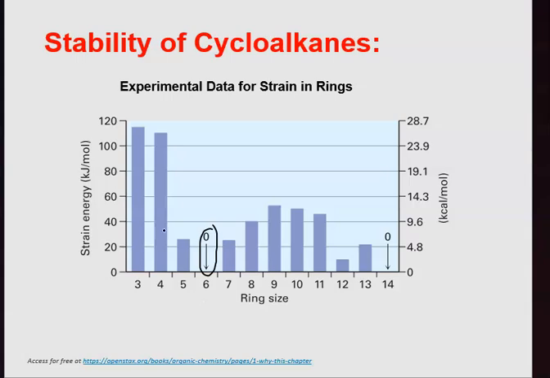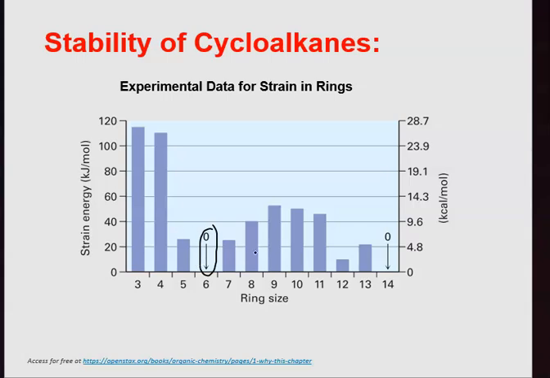Okay? As suggested, cyclopropane indeed has the highest amount of strain, and then comes cyclobutane. But unlike the earlier slide where we said that cyclopentane should have the least amount of angle strain, more stable than cyclopentane is cyclohexane.